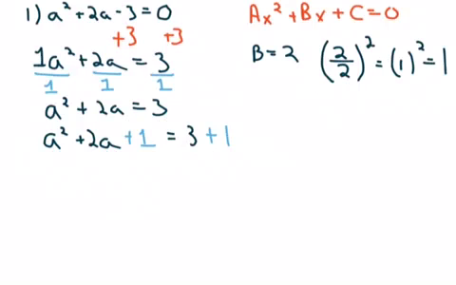Every time that you complete the square, you're going to have this general form equals, okay, now we've got 3 plus 1 here, that's going to be 4.